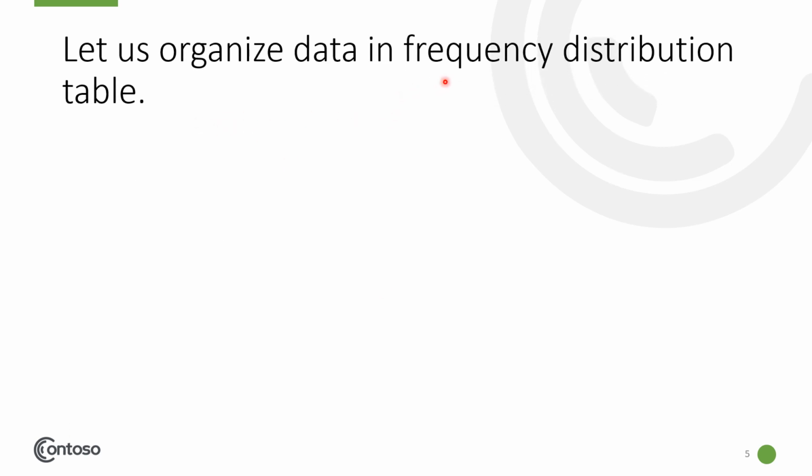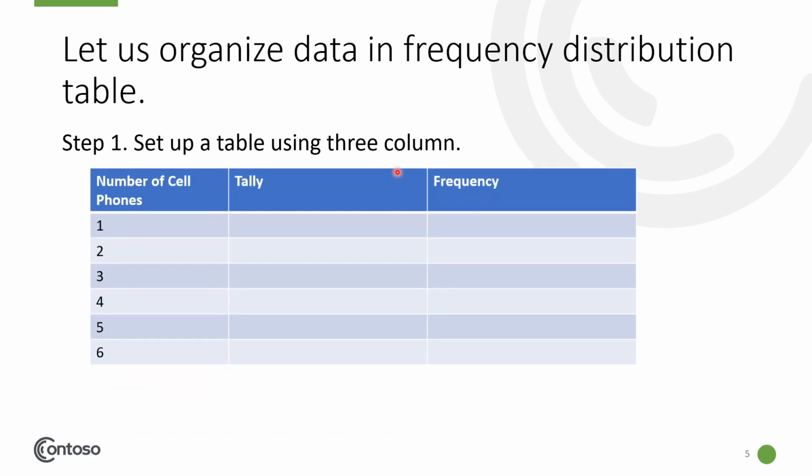Okay? So, let us organize data in a frequency distribution table. Step 1, set up a table using 3 columns. So, 3 columns na parang katulad nito. So, we have here number of cell phones in its family. So, ito ang tawag natin dito, kapag ito is simple lang, no?